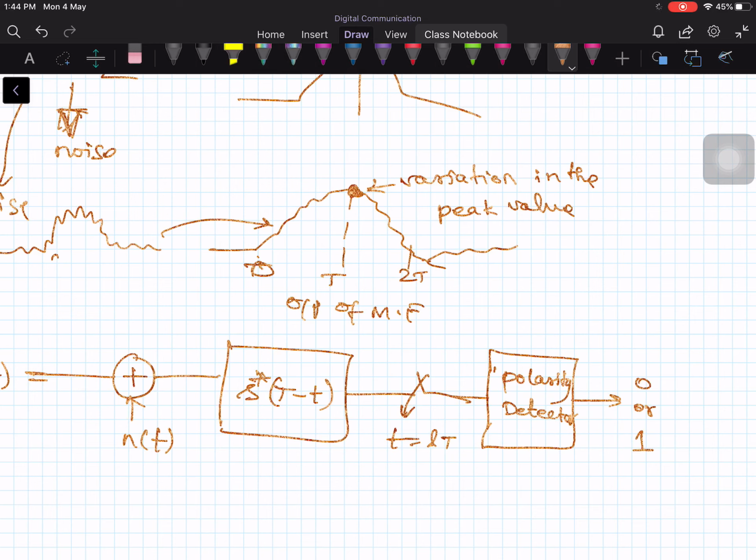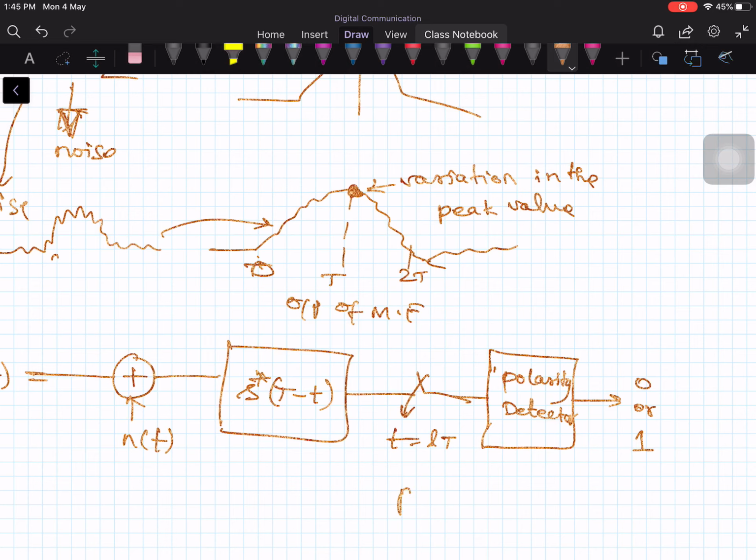Now if the peak is positive, take one decision, and if the peak is negative, take the other decision. That means you compare with the threshold, okay, a polarity detector. So this makes sense.